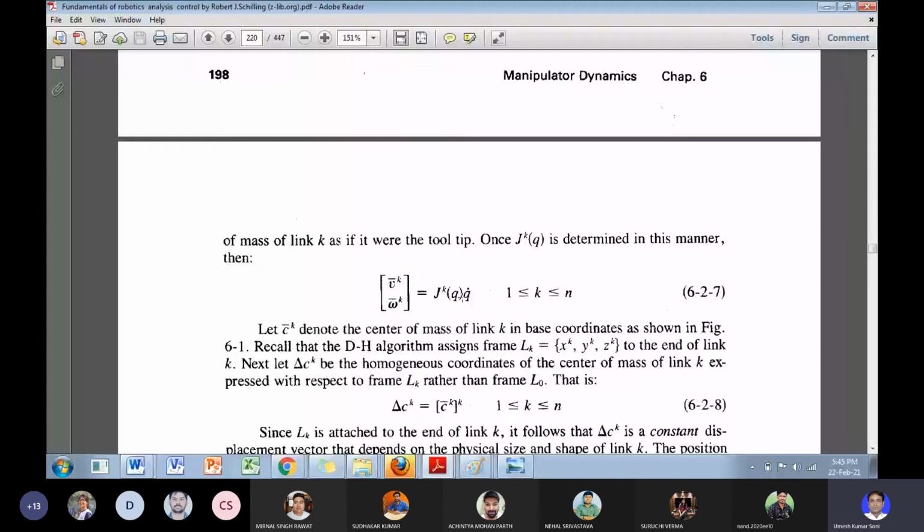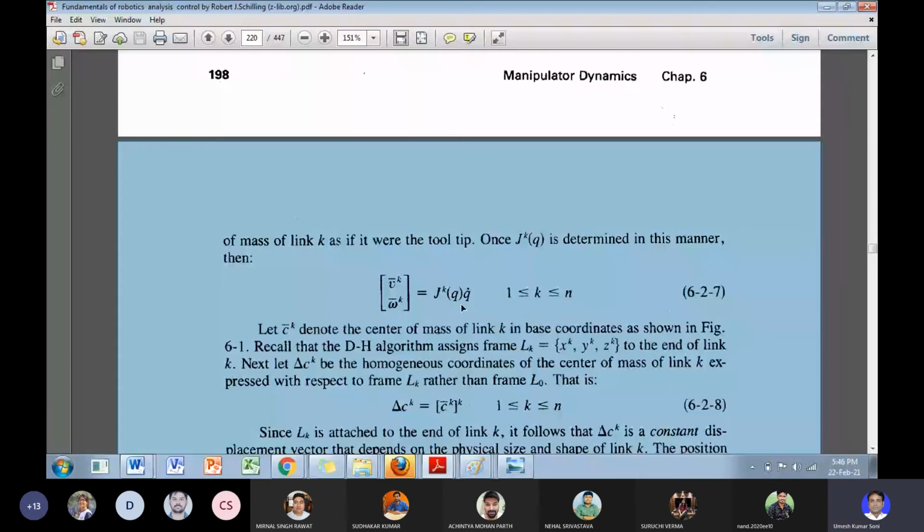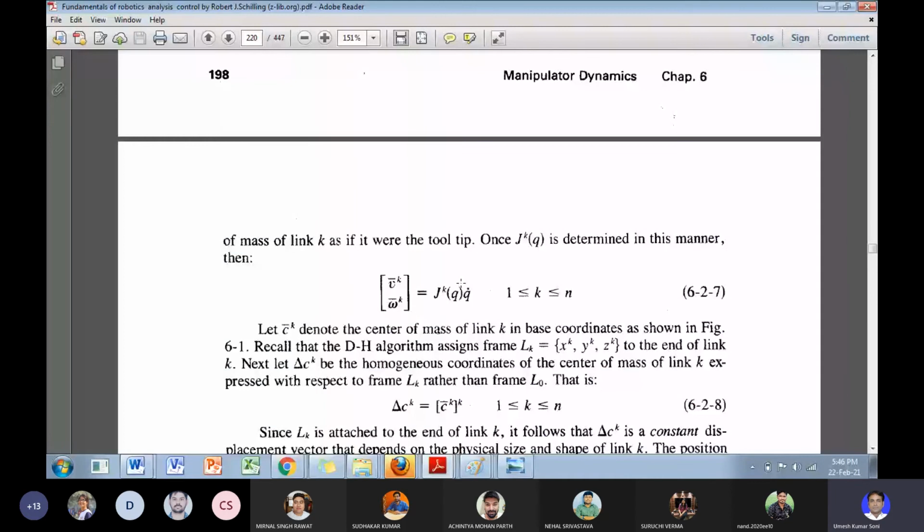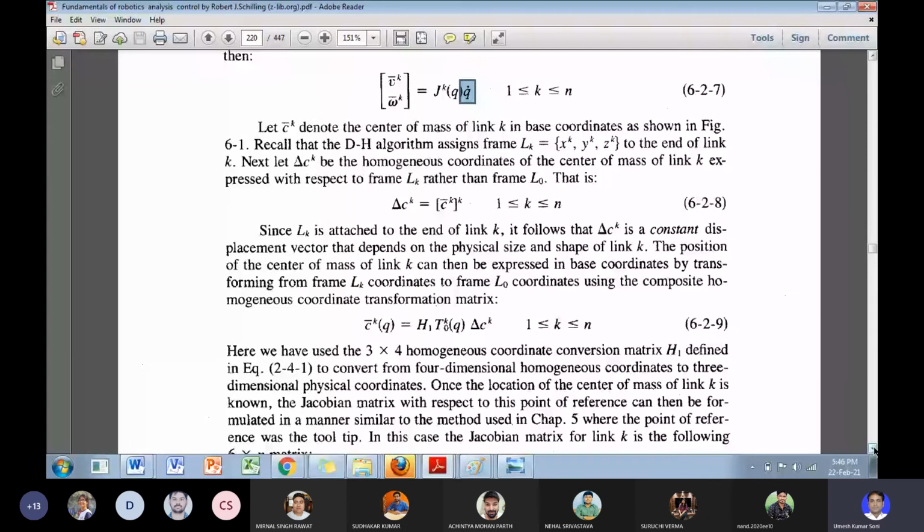This is the joint variable for the kth joint, and this is the derivative of the joint variable. So in the next lecture, I will consider how to develop this Jacobian matrix.